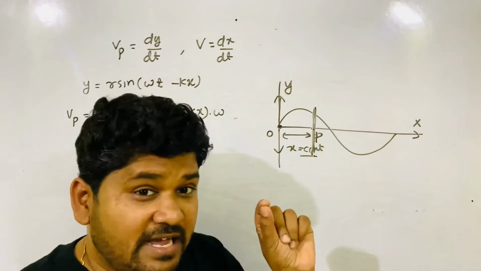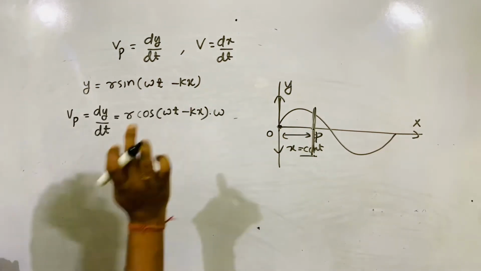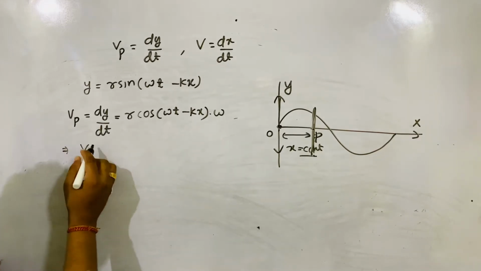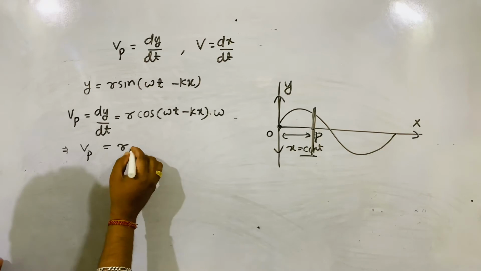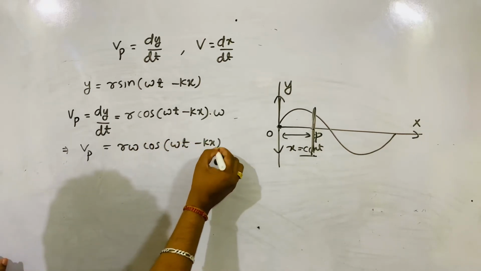I have considered only one particle, so its derivative is 0. So only omega. Now this is equation number 1: Vp equals r omega cos of omega t minus kx.